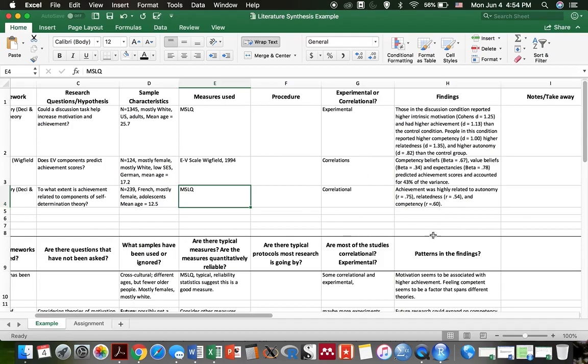So even though their findings showed this strong relationship, the way they posed it in the discussion sounds like a causal claim. So you can't really say that it's causal. Even though they said it was causal, you can't say that because they only did a correlational design. So I hope that helps explain some things.